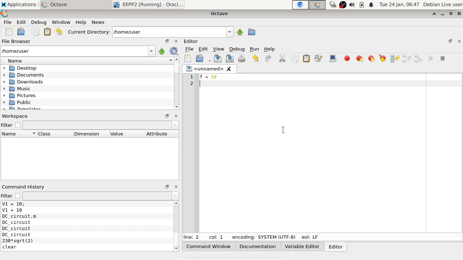And now the next thing we would normally want to calculate if we're working with phasors is the so-called angular frequency. It represents the exact same thing as the frequency in Hertz, except that the units are different. It's represented by the Greek letter lowercase omega. There is no omega key on my keyboard, so I'm just going to use W, which looks very similar, but this represents the Greek letter omega.